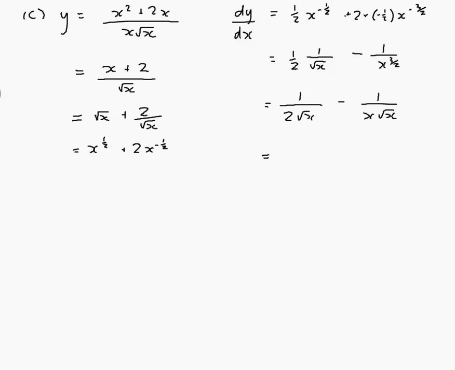So if I times this one top and bottom by x, I'll get 2x root x. And if I times this one top and bottom by 2, I'll get this. So I've got x minus 2 over 2x root x. So that's the end of the question.